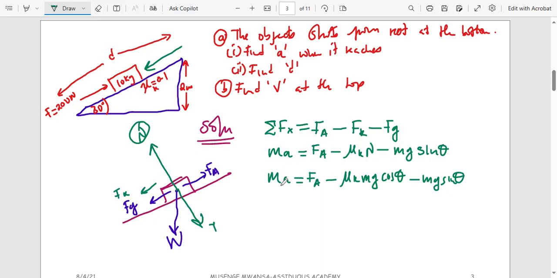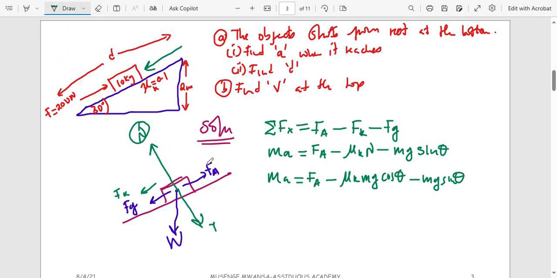So the equation for acceleration would be applied force minus mu k mg cos theta minus mg sin theta, over m. Because we have got an applied force, mass is also going to affect acceleration. It's different from something that is just sliding without any applied force.